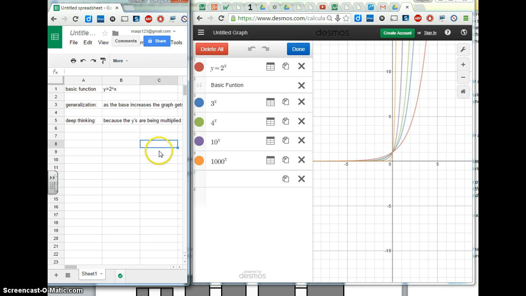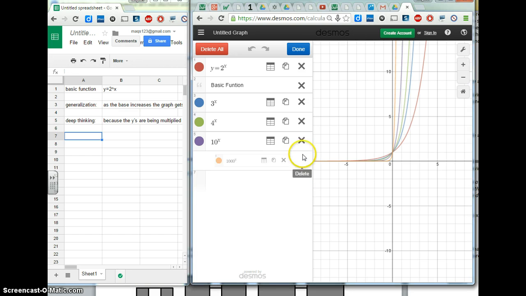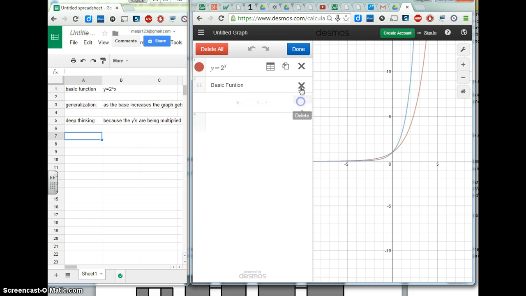Now, next, let's put negative numbers here and see what happens. Now, with negative numbers, okay, it's very important to understand this idea.